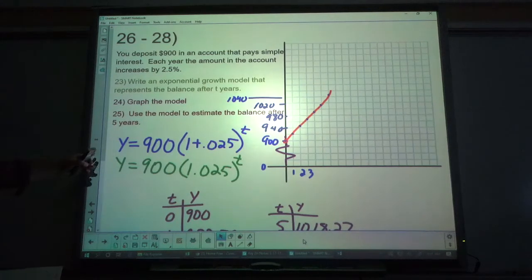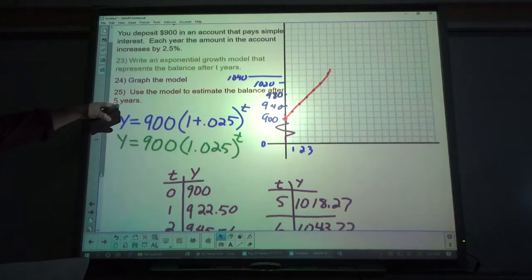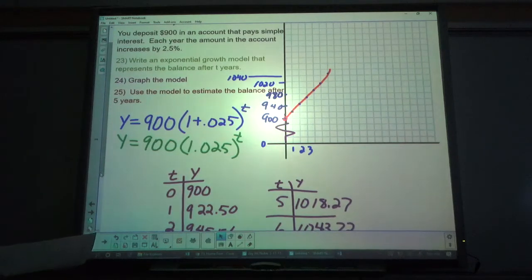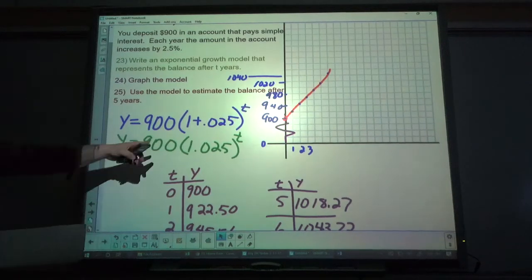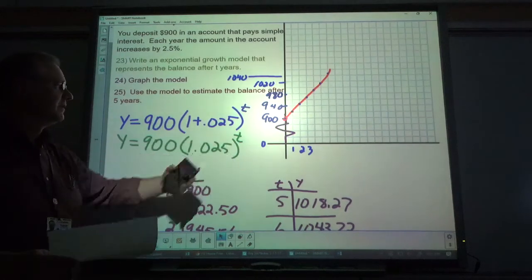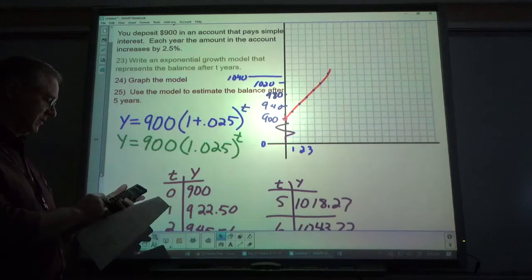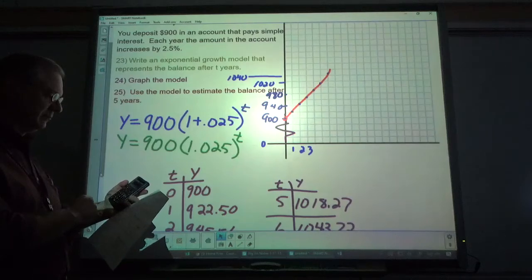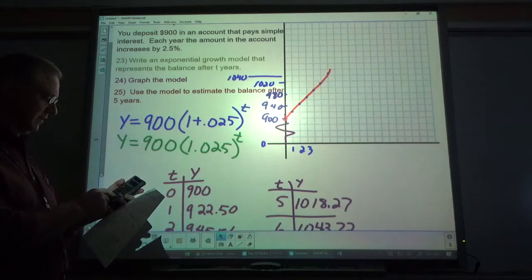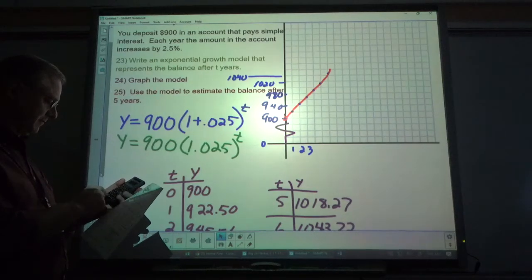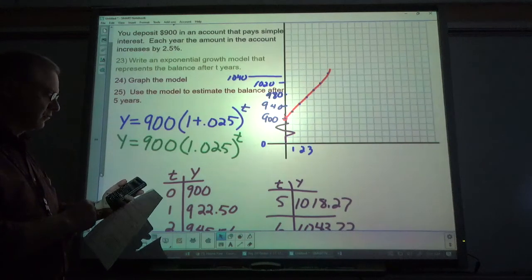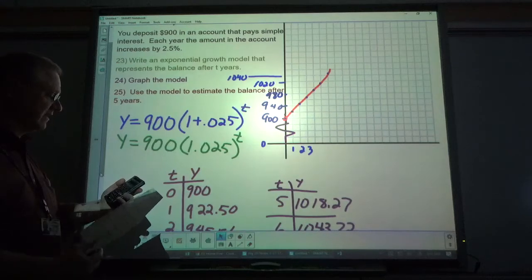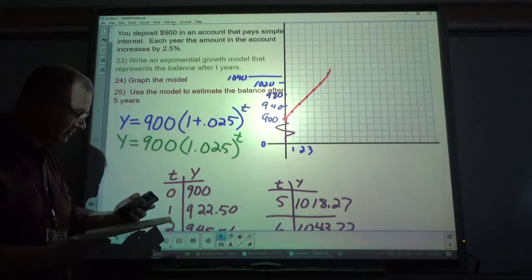But I would do the table out at least to the number that you're asked for, or at least the first few, and then use the value here, type in 1.025 to the 5 equals 1.1314 times 900, and that gives you 1,018.27 when you round it.